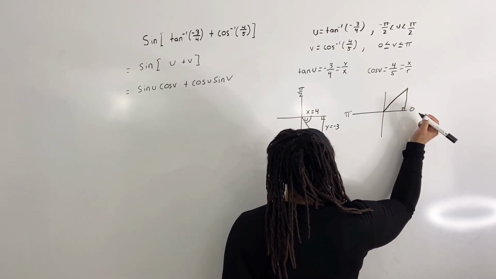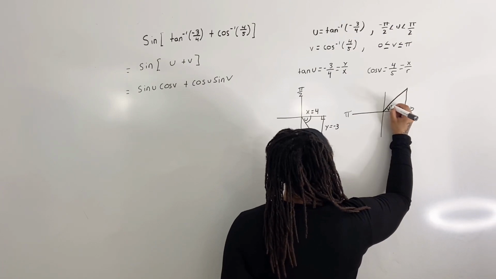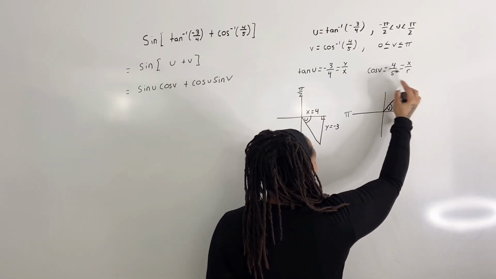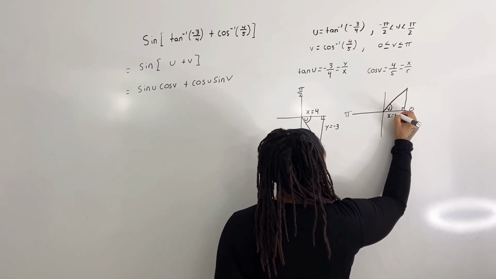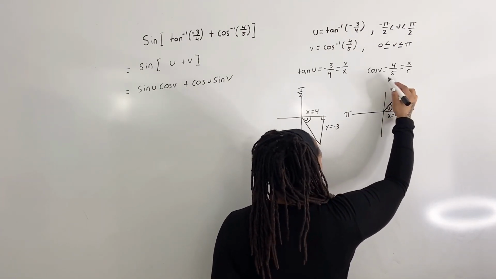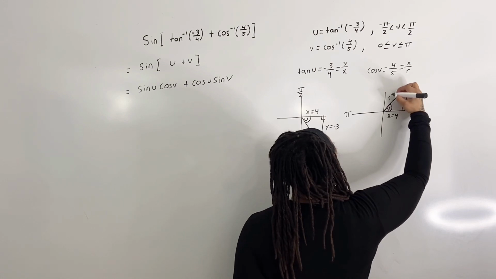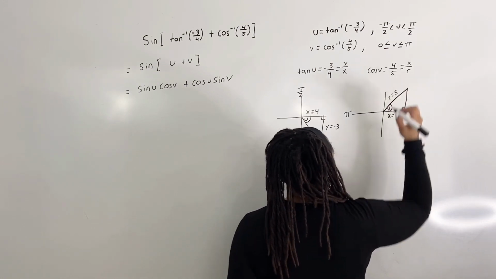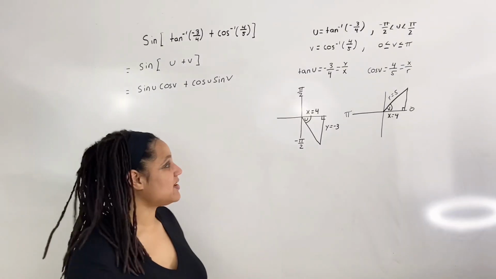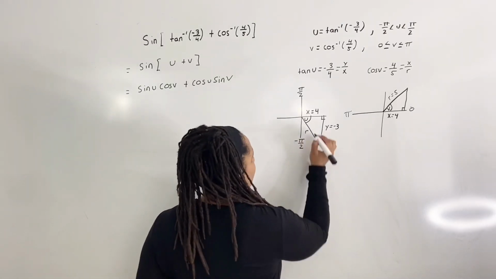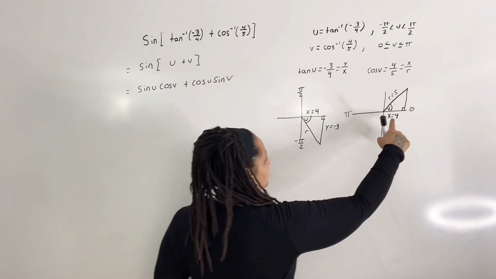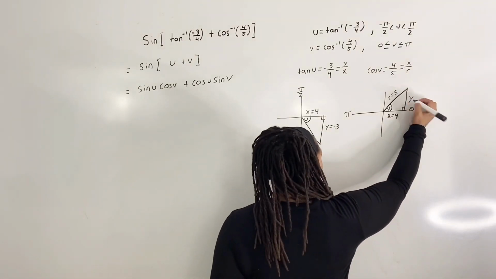So here is my angle v. And we see that my x value is 4, and my r value is 5. Now what we want to find for our first triangle is the value of r, and we want to find the value of y for the second triangle.